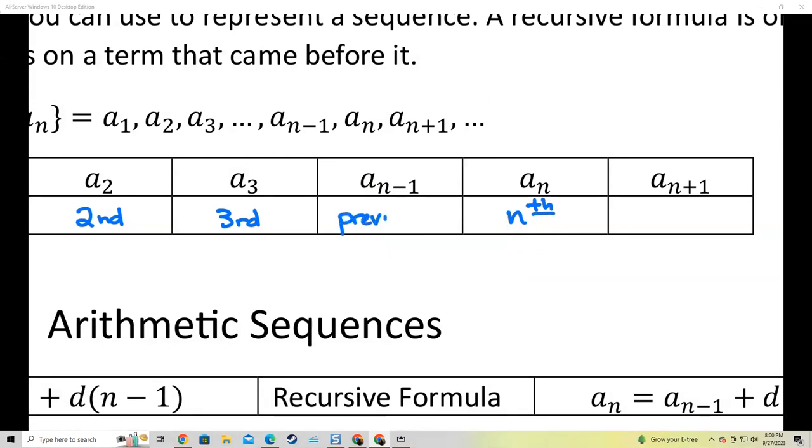I know that sounds kind of weird, but just bear with it for a while. So if the nth term is here, then the n minus 1 term must be the one before it, or the previous one. By that same token, if this is my nth term, then when I'm talking about n plus 1, that means this should be the next term.